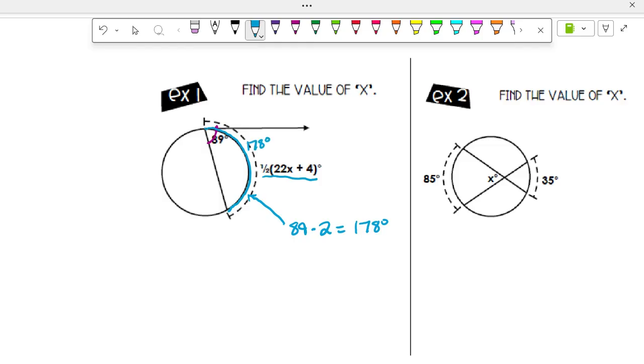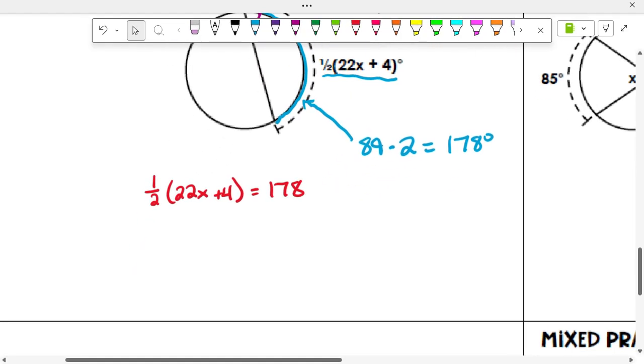How can I use that little tidbit of information to set up my equation? Right, 1/2 times 22x plus 4 is equal to 178. That's exactly what that expression should be equal to. What's my first step to solve? Distribute the 1/2. And remember, multiplying by 1/2 is the same thing as doing what?